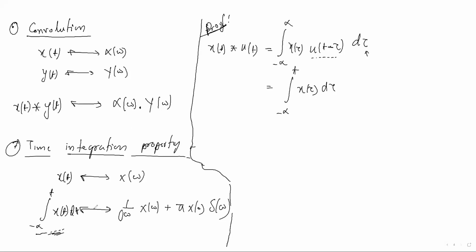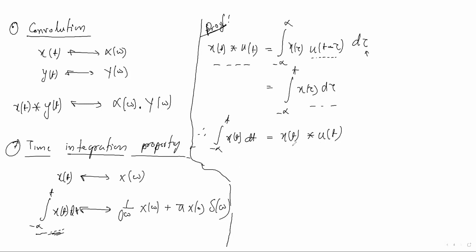By looking at this, I have derived that the integration from minus infinity to t of x of t dt can be written as x of t convolved with u of t.